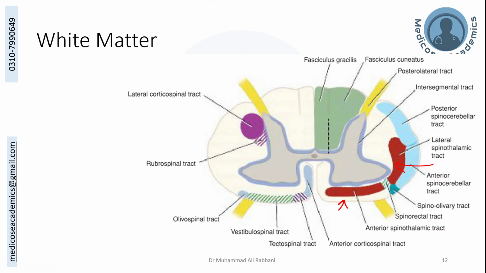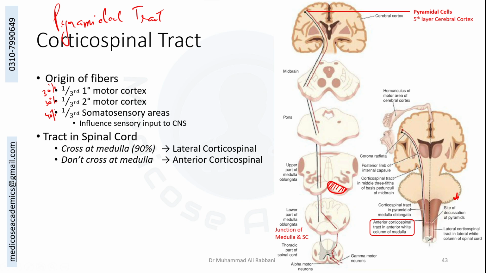If you remember from this picture, the fibers that have crossed form the lateral corticospinal tract, and the ones that did not cross and came straight down form the anterior corticospinal tract. So we have entered the spinal cord.